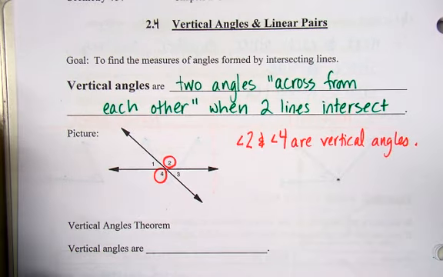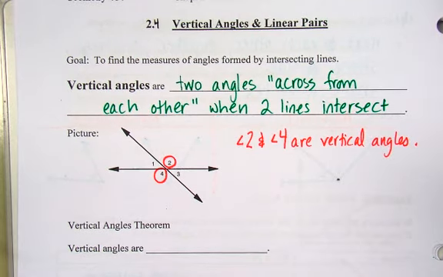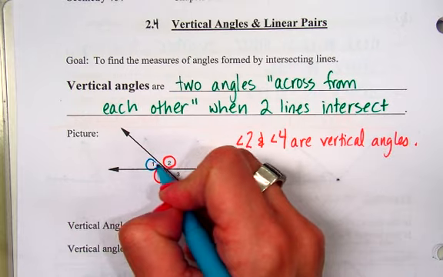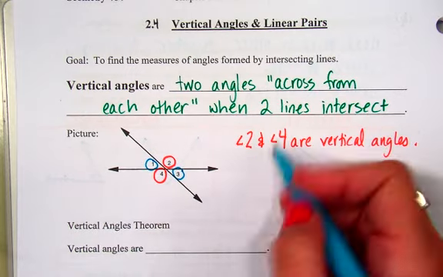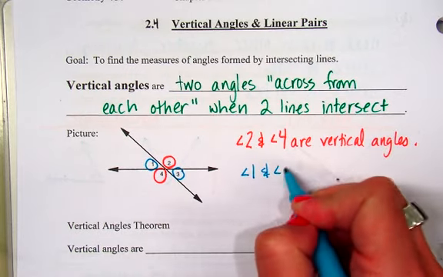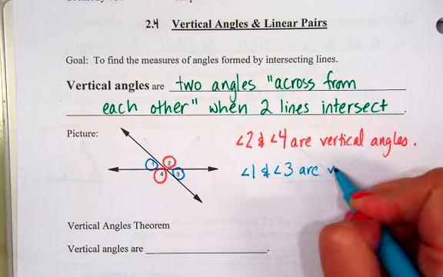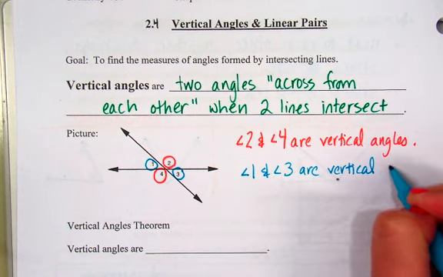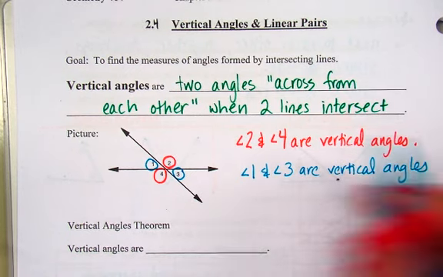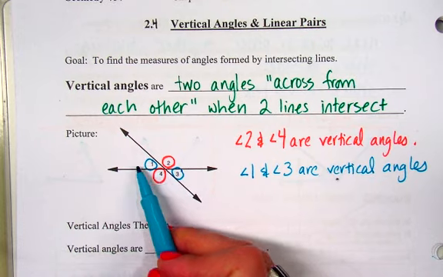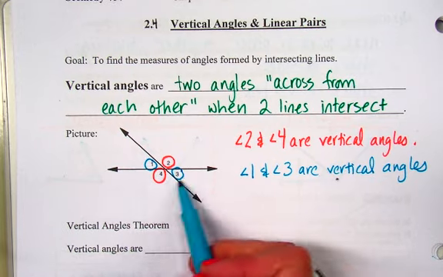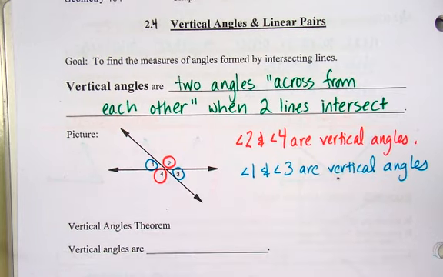And then what would be the other pair that are also vertical angles? Well, it would just be angle 1 and angle 3. So we would also say angle 1 and angle 3 are vertical angles. Okay, so once again, that are directly across from each other, straight across from each other, not the ones that are next to each other.